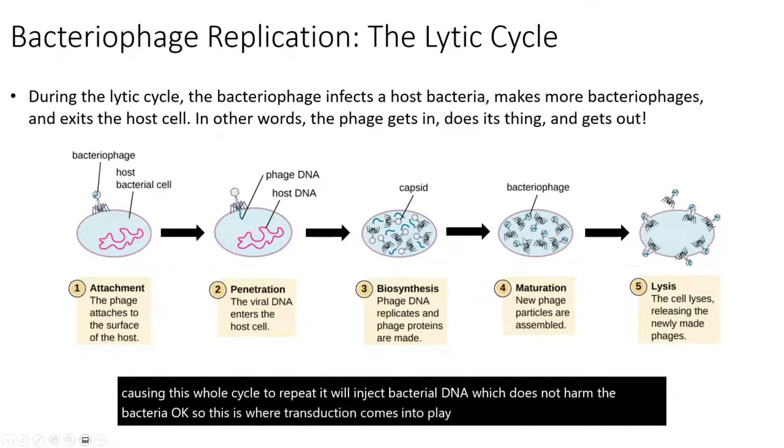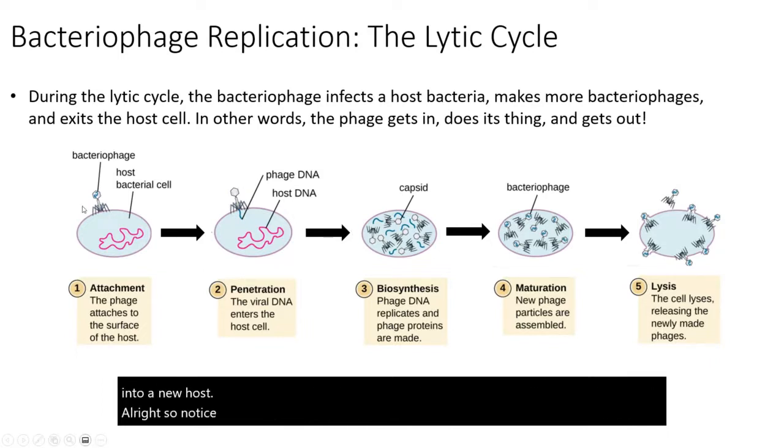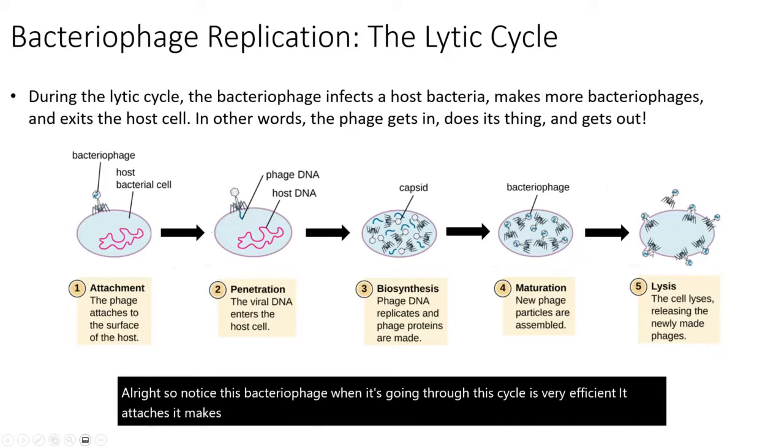When it goes through maturation, sometimes it accidentally picks up bacterial DNA instead of viral DNA, which it then will inject into a new host. All right, so notice this bacteriophage, when it's going through this cycle, is very efficient. It attaches, it makes new virus particles, and it gets out, okay?